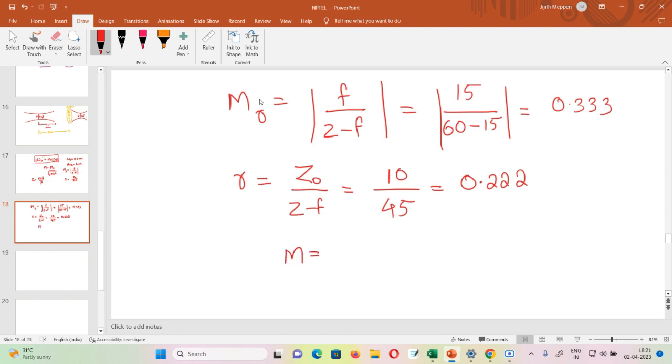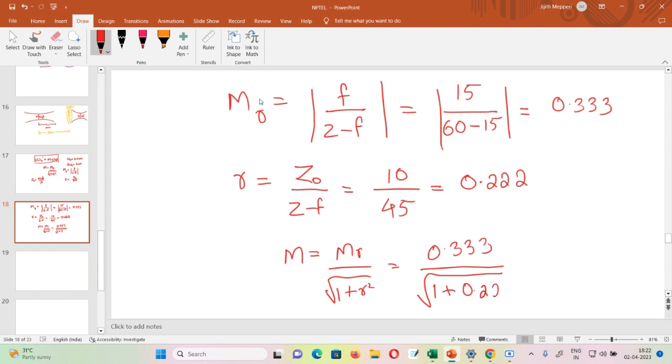Okay, so m is given as mr divided by square root of 1 plus r square. So it will be equal to 0.333 divided by square root of 1 plus 0.222 square. It will be equal to 0.3253.